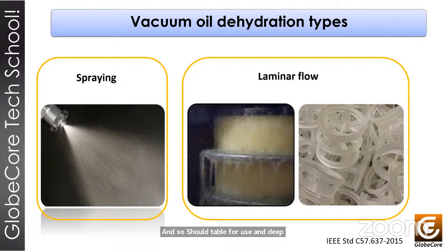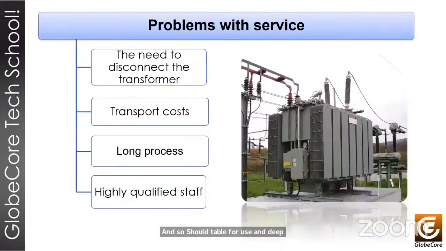Okay, when we run dehydration procedures, we face different problems during service. The high cost of the process should be highlighted. Dehydration of transformers is usually ordered by electric power companies, which in turn subcontract this work to specialized companies.